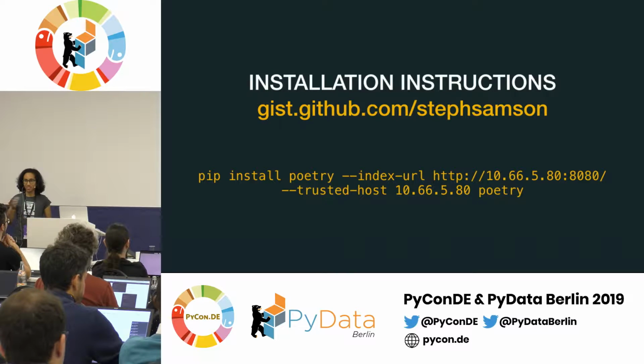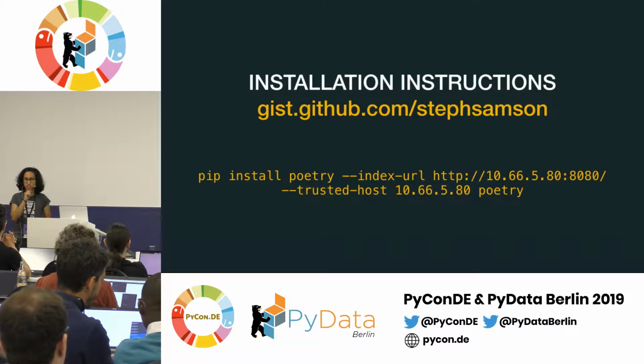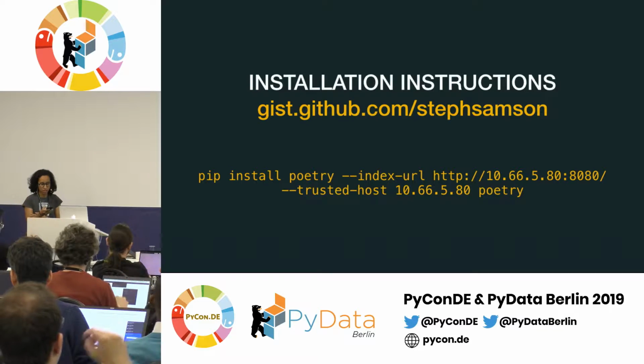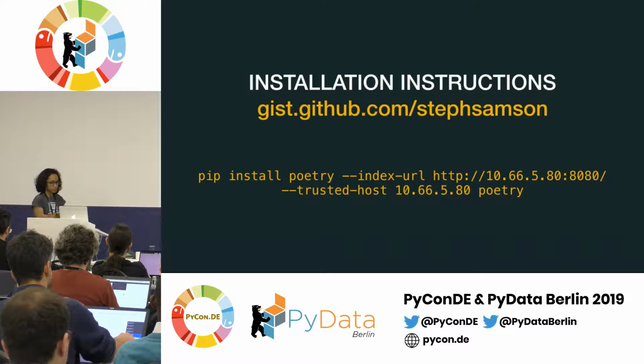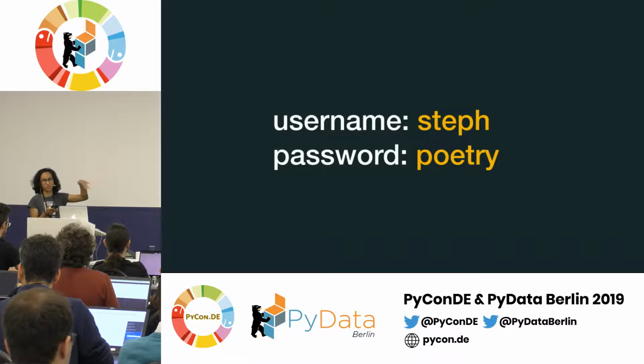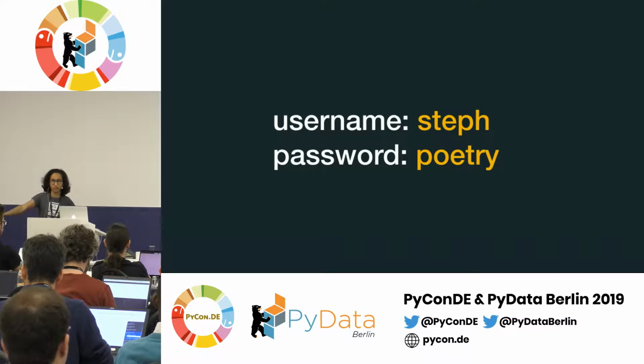So can I get a show of hands just to see who has Poetry on their machine already? Nice. Perfect. I would also like you all to remember the username and password, so you can publish to the private repository that I have set up with the Raspberry Pi in the corner.